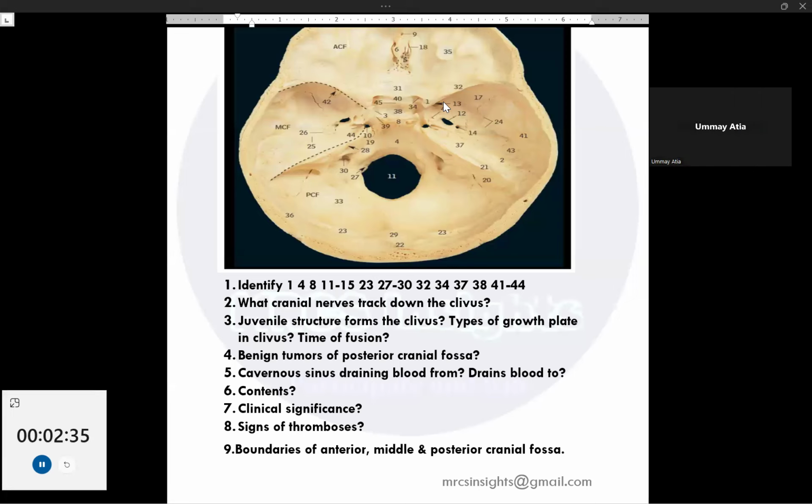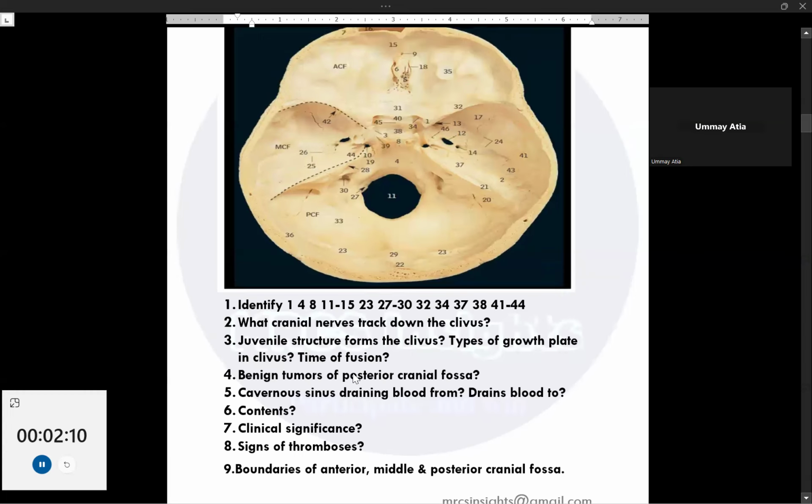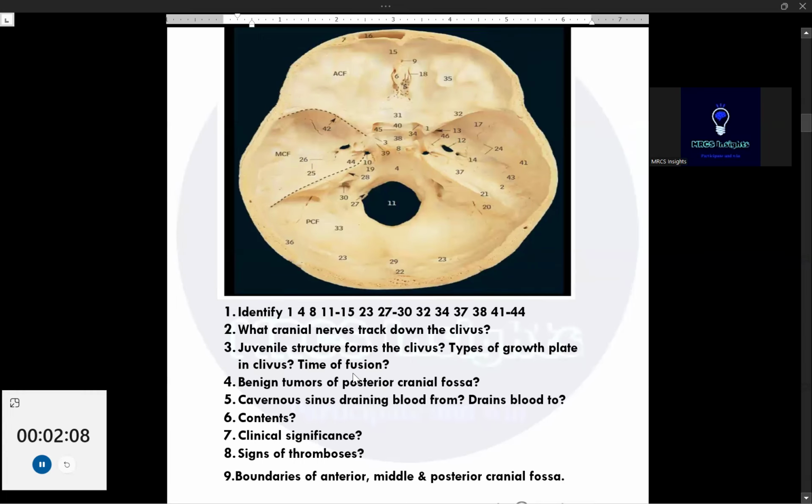A painful swelling of the eye, third, fourth, and sixth cranial nerve palsy, and gradual loss of vision. Also there will be Horner syndrome, as the sympathetic plexus also gets compressed.